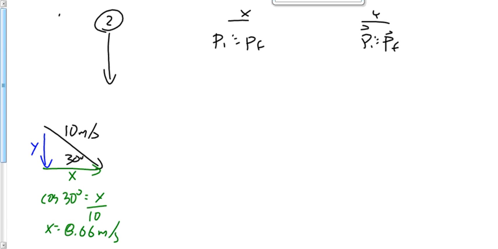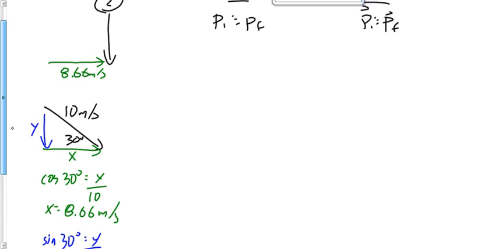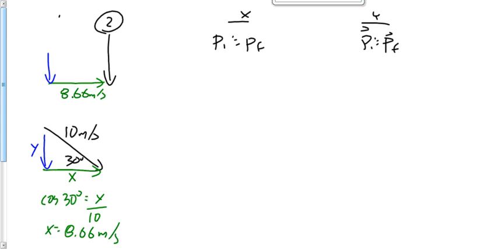Replace that 10 meters per second with 8.66 meters per second, and the y component was 5 meters per second. Now, when I'm subbing numbers into this, I'm not going to sub in the 10 meters per second. I'm going to sub in either the 8.66 or the 5.